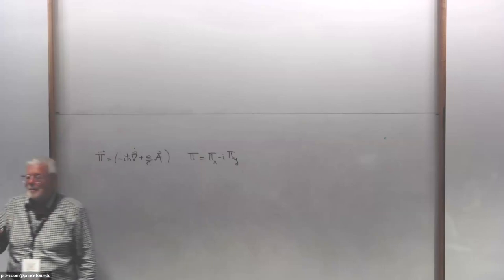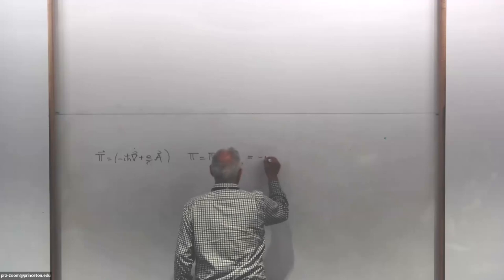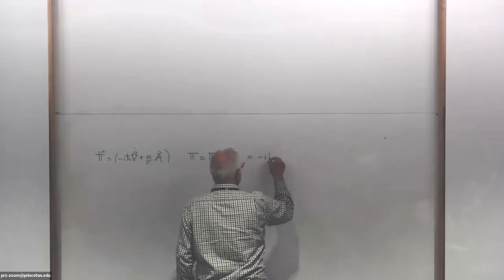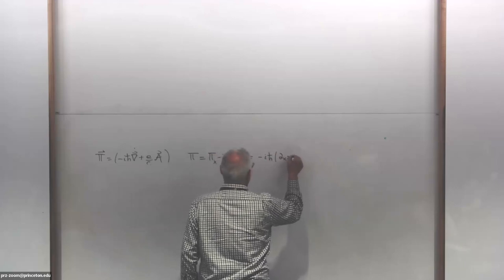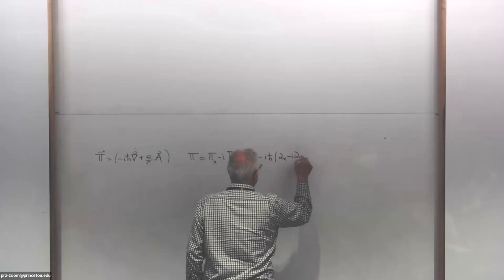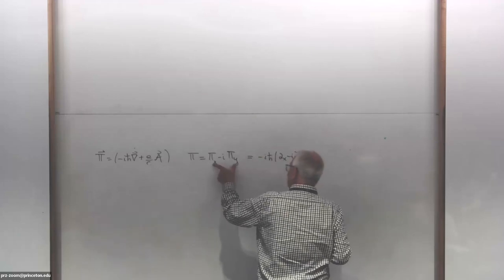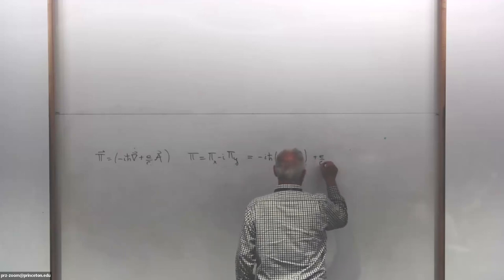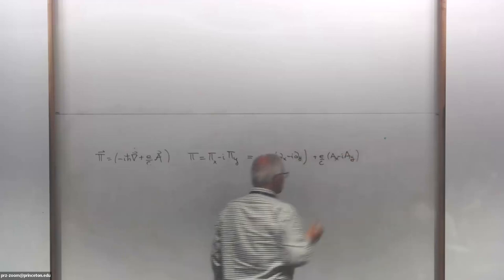What I'm going to say now depends on the fact that this is minus i h bar (dx minus i dy), that's the canonical momentum contribution, plus e over c (Ax minus i Ay).